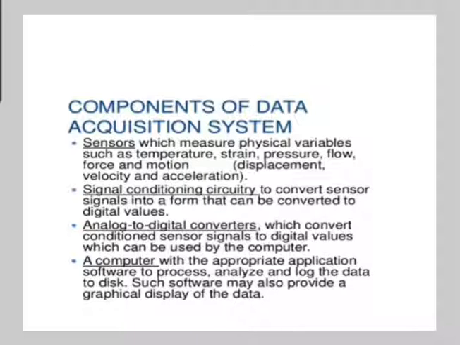Then the next is signal conditioning circuitry. So it is used to convert a sensor signal into a form that can be converted to a digital value. The output of the sensor is a weak signal, which we are required to amplify.